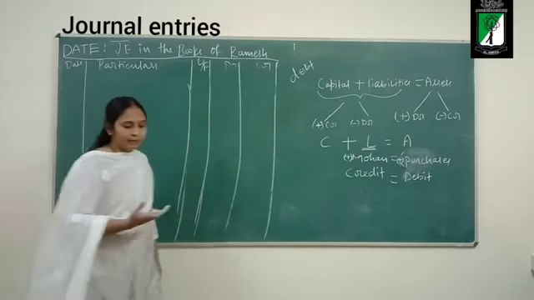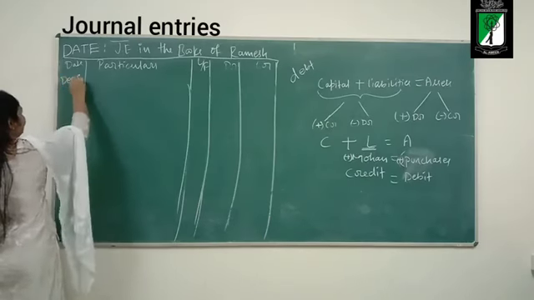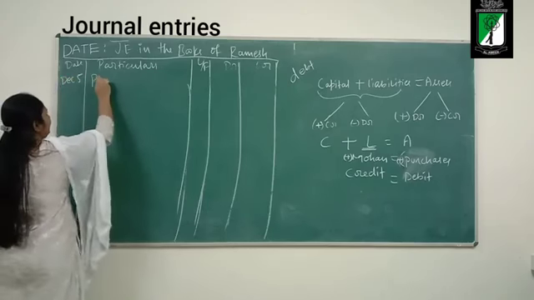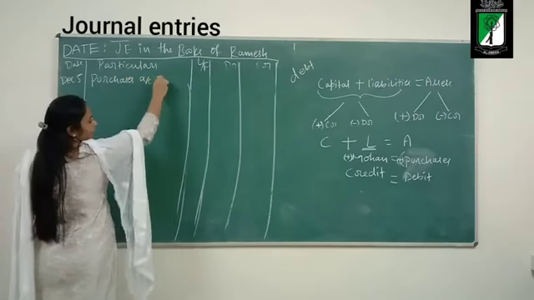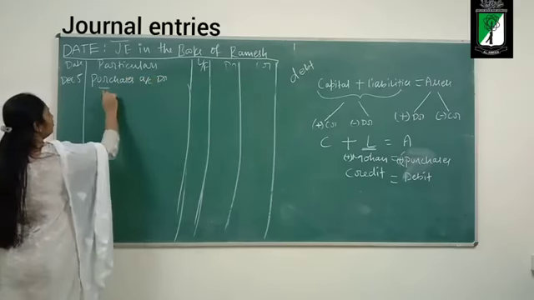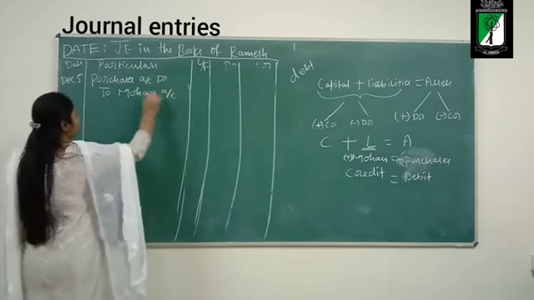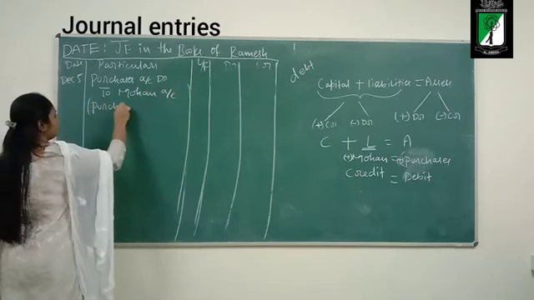What is the date of the transaction? December 5th. So what is the entry? Purchases account debit to Mohan account.